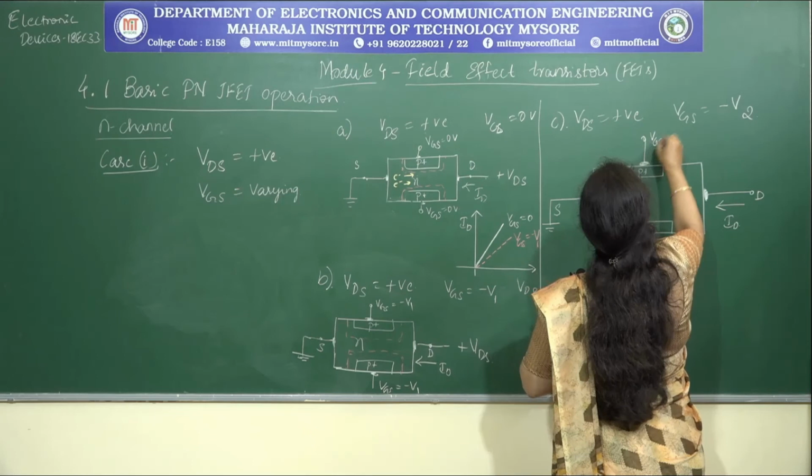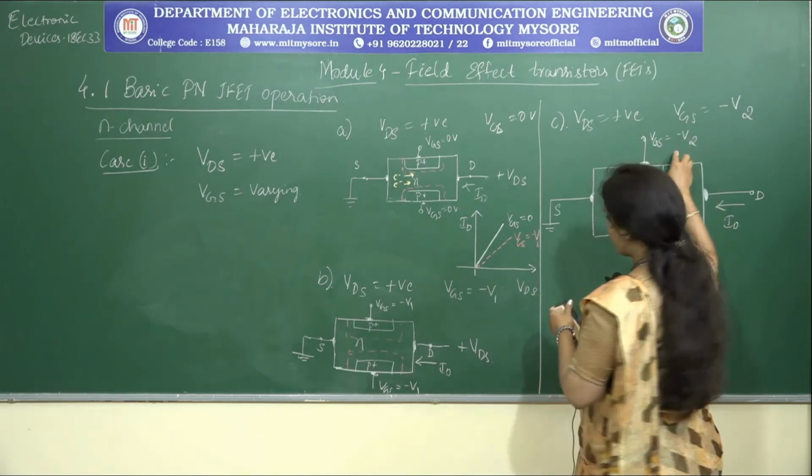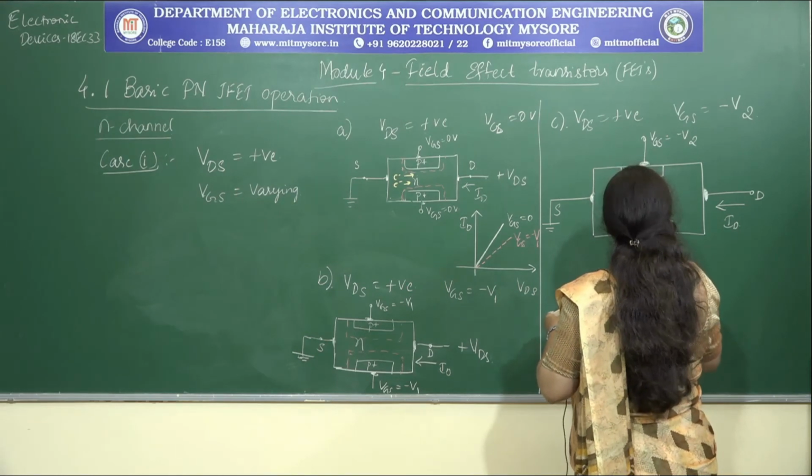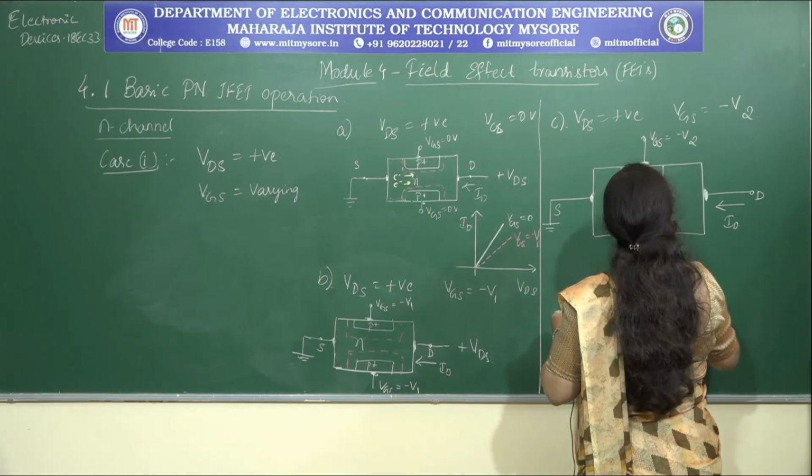What am I providing at VGS? It is minus V2. Minus V2 is greater than minus V1. So VGS is equal to minus V2.